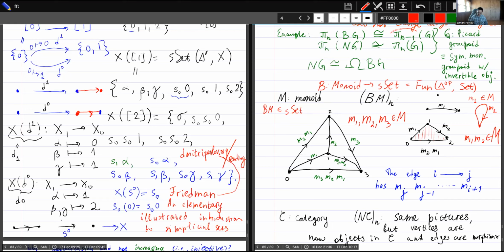The edge from 1 to 3 will contain the product of M2 and M3, which is placed here. And finally, the edge from 0 to 3 will contain the product of all three, M1, M2, M3. So you can see even more generally, for a simplex of arbitrary dimension, the edge from vertex i to vertex j will have a product of all elements from M_{i+1} to M_j.